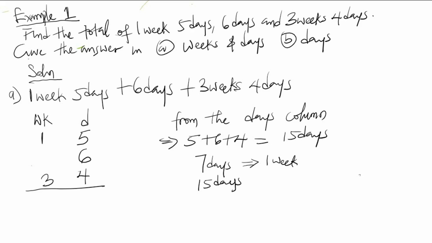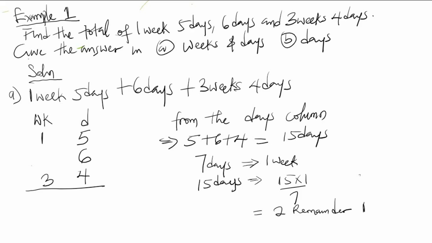So from this example, 15 days will be 15 times 1 divided by 7. And this is 2 with a remainder of 1. And how did we convert this?